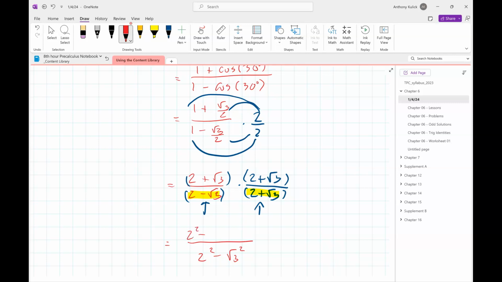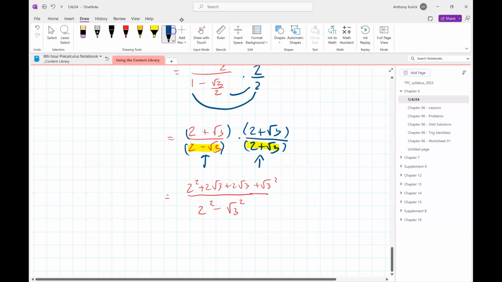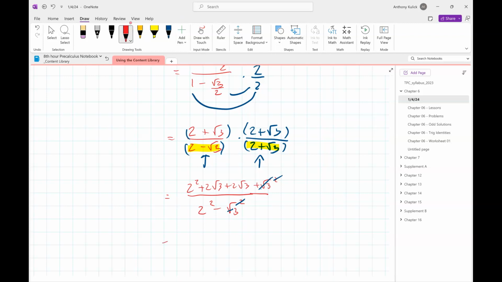And when I FOIL out the numerator, I get that. And now the squares cancel with the square roots.